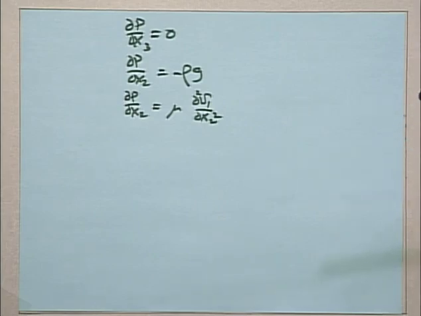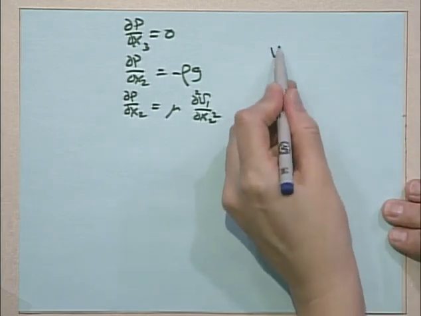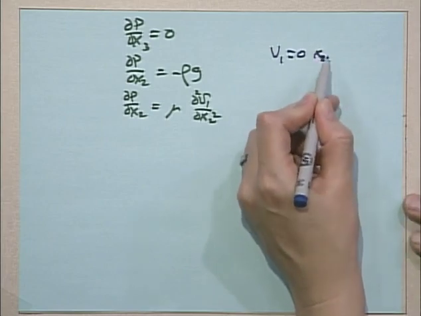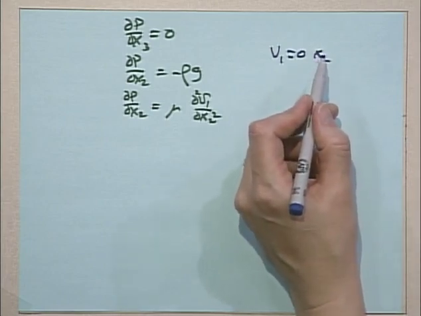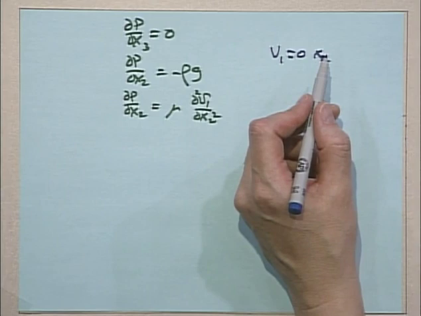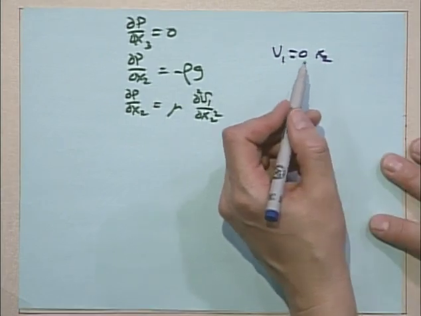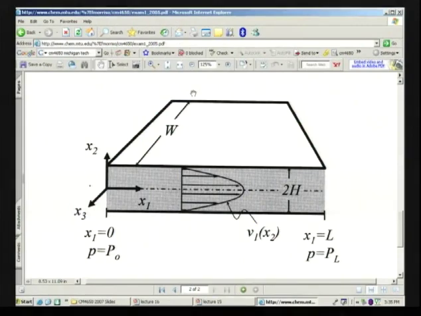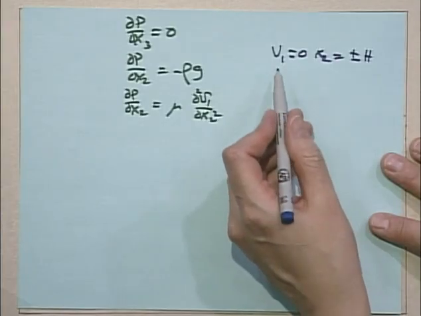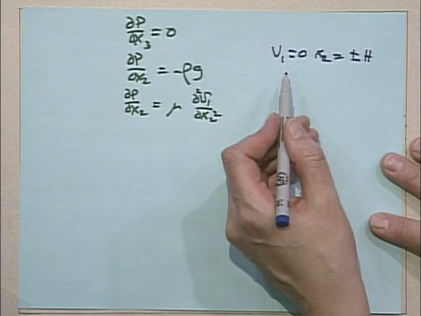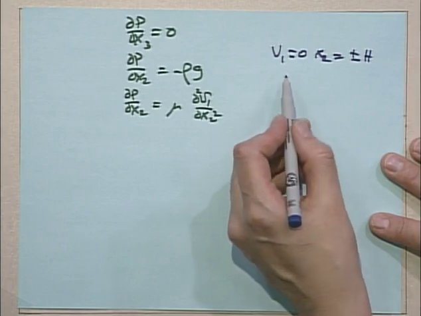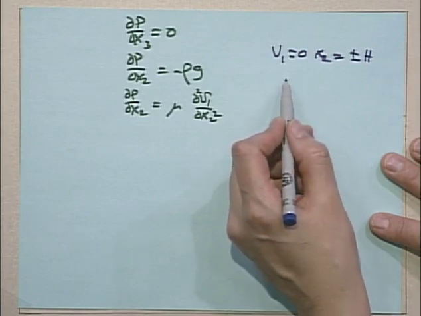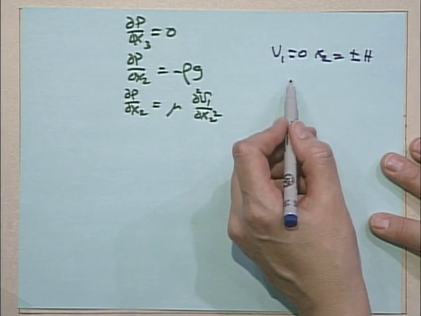Velocity is 0 at x2 equals plus or minus h. Now look at my coordinate system. Right. V1 is 0 at plus and minus h. That's two boundary conditions. That's sufficient. But there's an alternative boundary condition. The derivative with respect to x2 of the velocity profile is 0 at 0. Right.